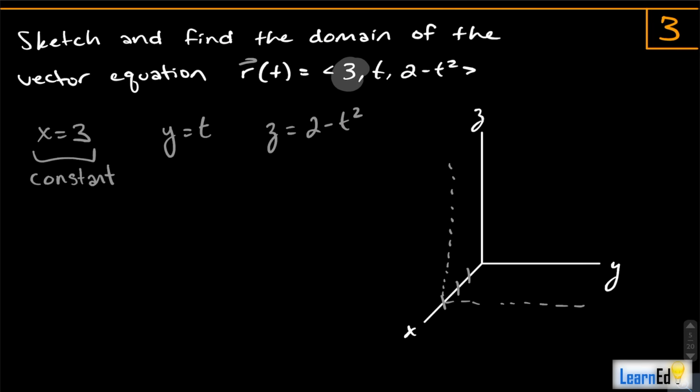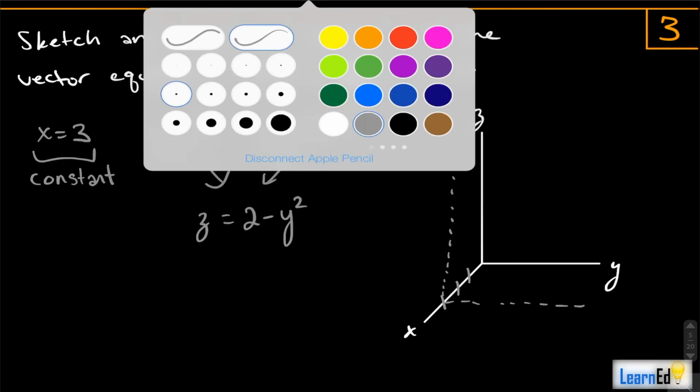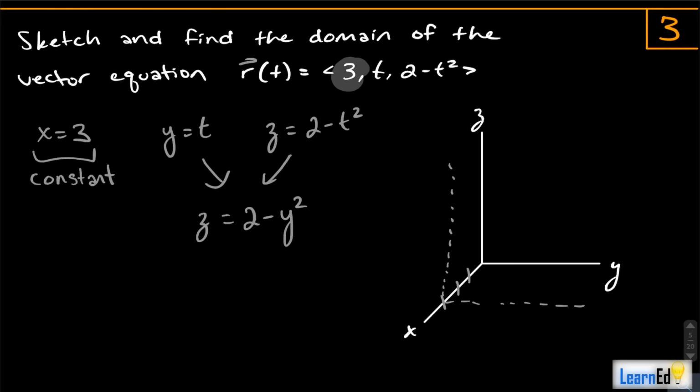If we combine these two equations, we get z equals 2 minus y squared. What does that mean? Well, we're just going to end up with a really nice parabola here, and it's just going to look something like this.